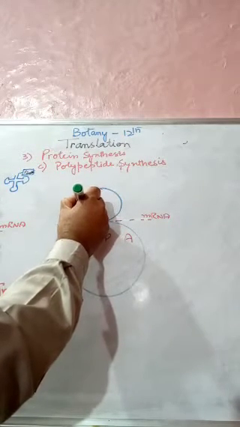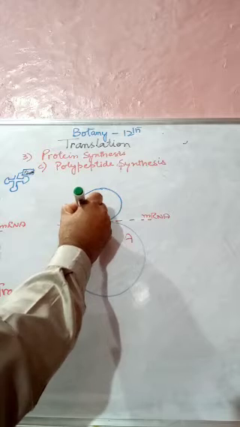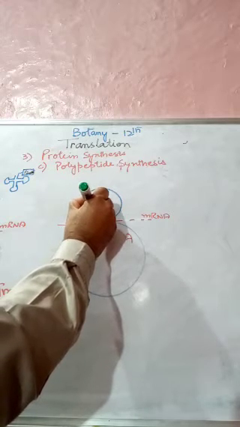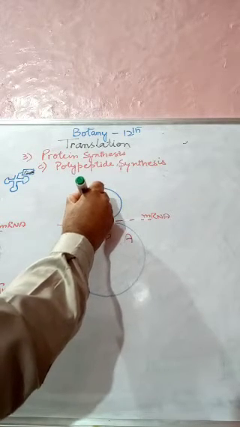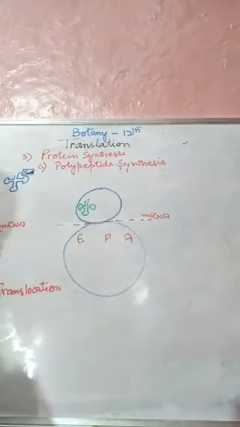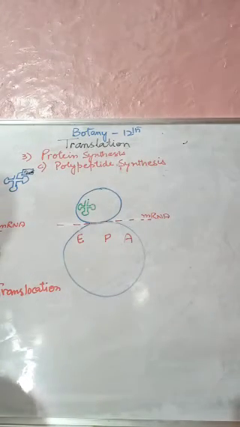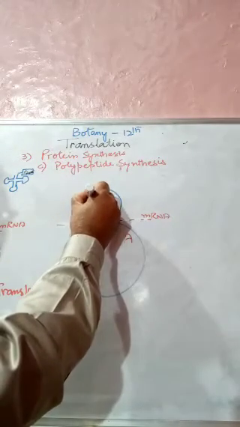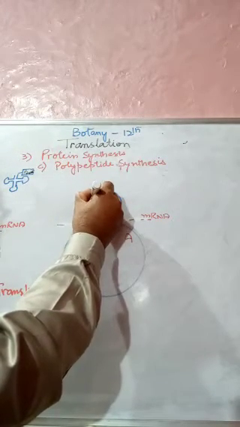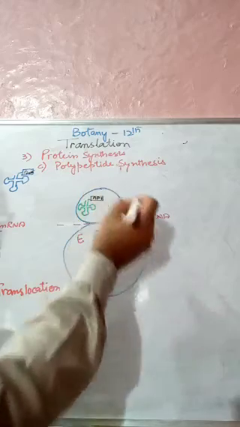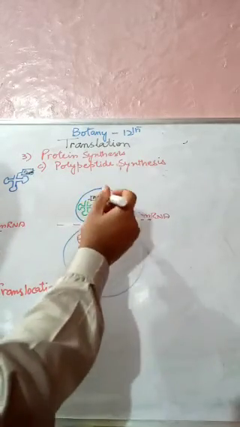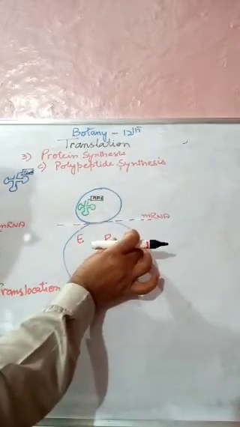So now here we will see this is the amino acid binding site. This is AA1. Now here comes another one, because now it is still open.